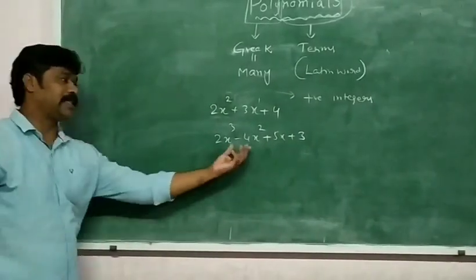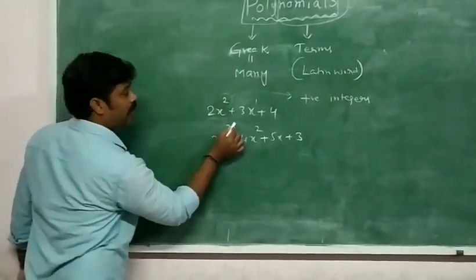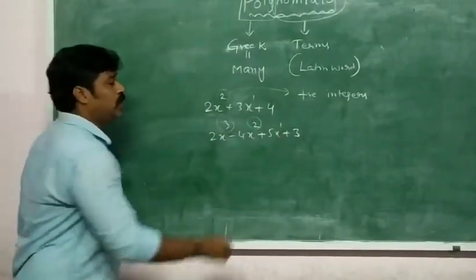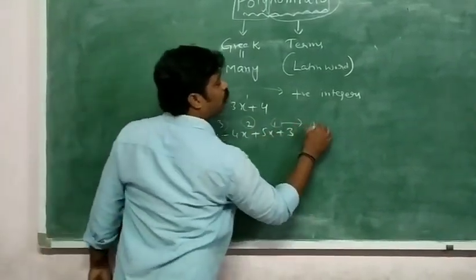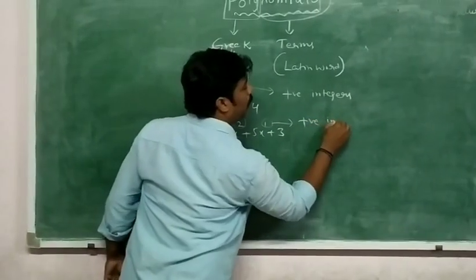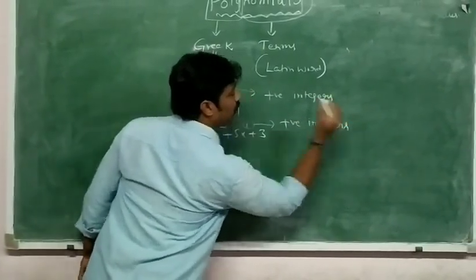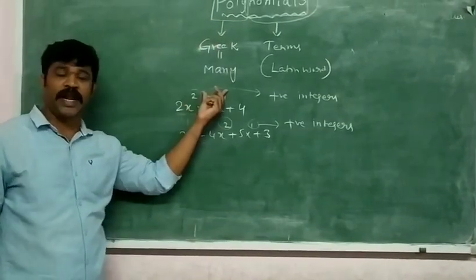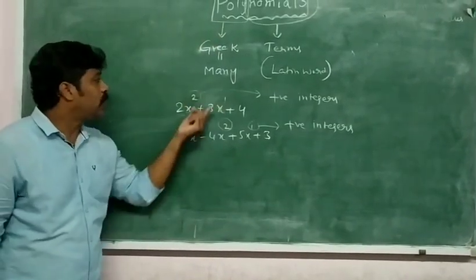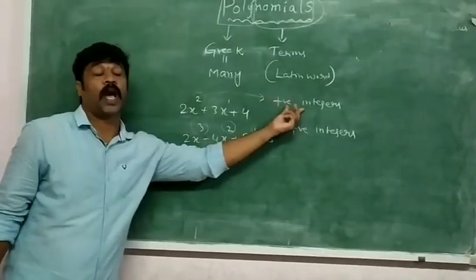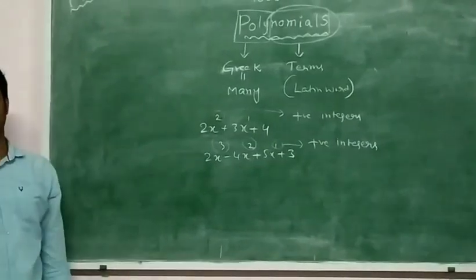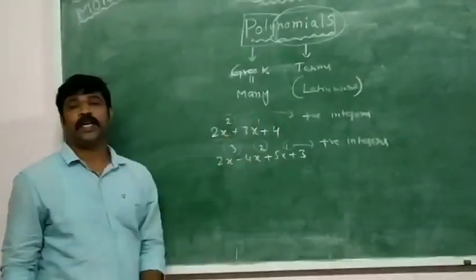In this example also we have power 3, here 2, and here we can take it as 1. So all the powers are positive integers here also. So a polynomial is an algebraic expression containing two or more terms, and the powers must be non-negative integers. Otherwise, simply we can say that the powers must be positive integers. Then we say that it is a polynomial.